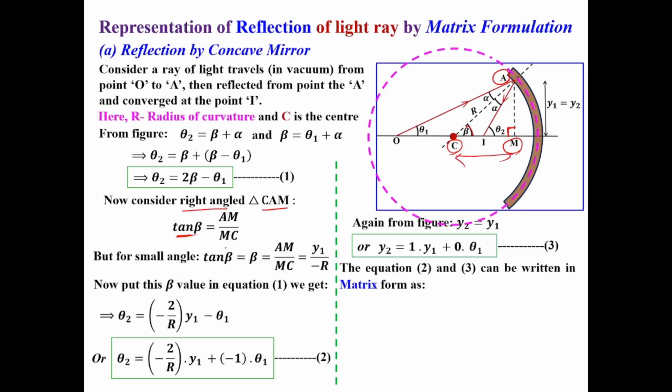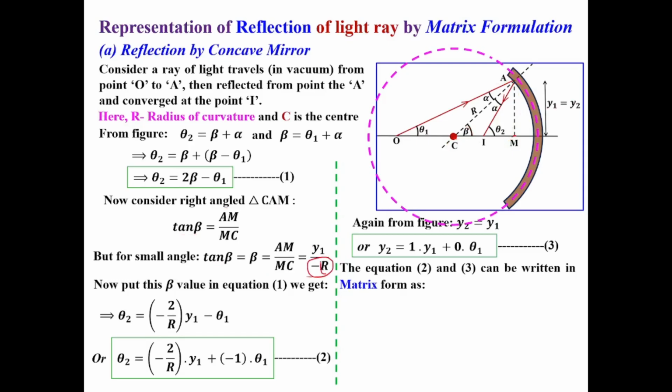For a small angle, tan beta is nothing but beta, so beta equals AM by MC. Here we consider AM, this height, equal to y1, and MC, from M to C, is considered as minus R. Why minus R?